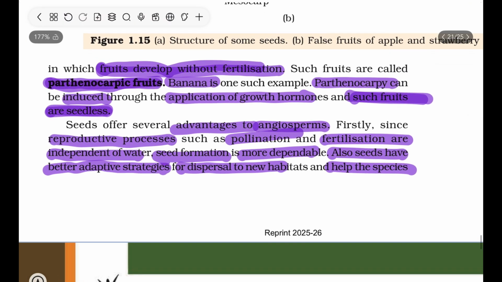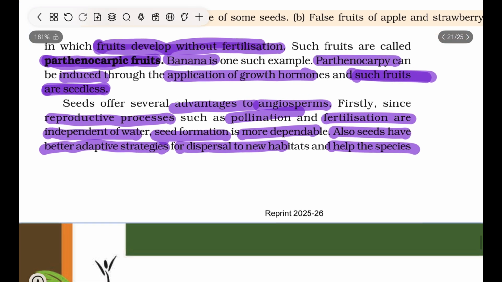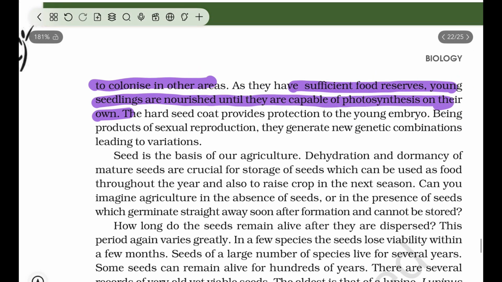Basically, seeds offer advantages to angiosperms. They act in the reproductive process, for example, in pollination and fertilization. But seed formation is more dependable, right? That's why they have many adaptive strategies for dispersal to new habitats.